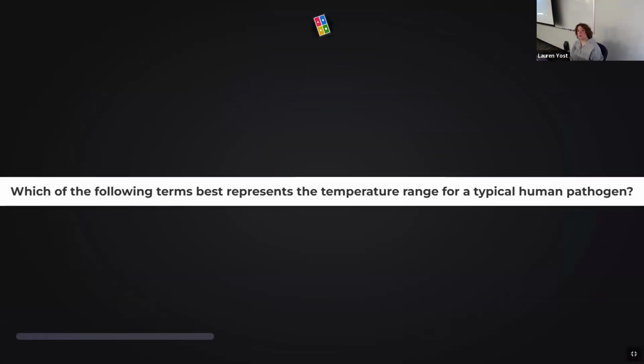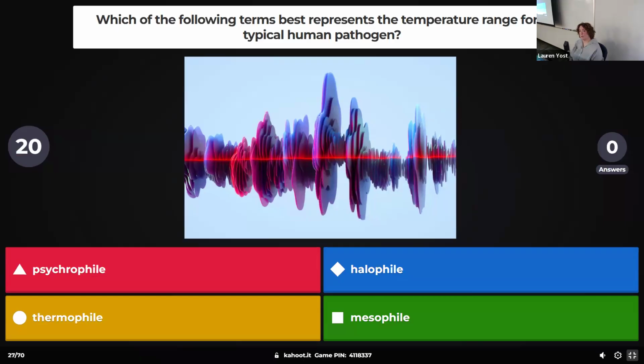All right, which of the following terms best represents the temperature range for a typical human pathogen? These were terms from chapter 9. Let's just see if you guys can remember what type of organism each term applies to, and then we'll talk about what each one of these means.